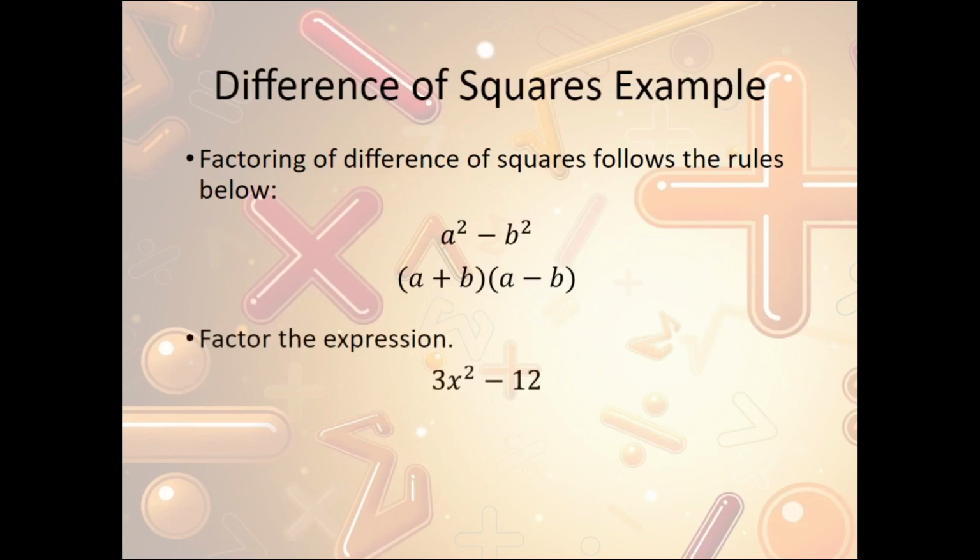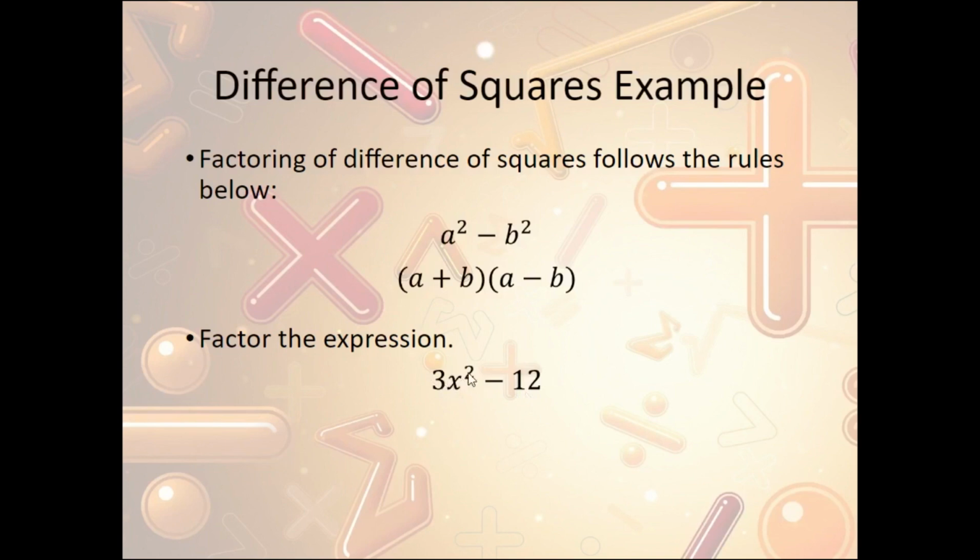Another example, 3x squared minus 12. Well, we can see that 3 is not a perfect square and 12 is not a perfect square. However, we can see if we can use our method from yesterday as well. So we can see if we can factor out a common factor first. Is there anything in common between 3 and negative 12? Well, we can see that 3 is a factor of both 3 and negative 12. So let's go ahead and factor that out.